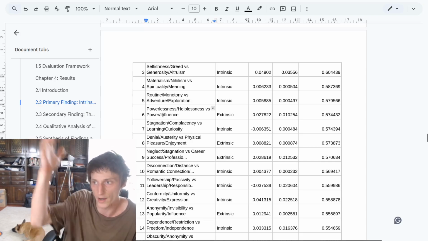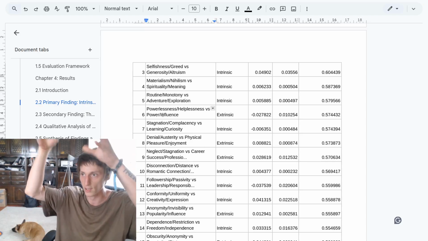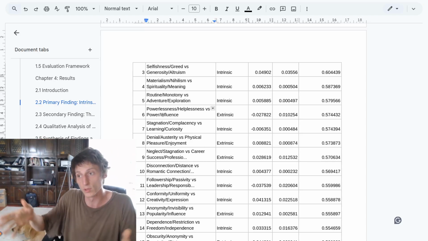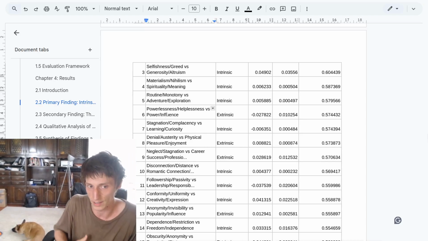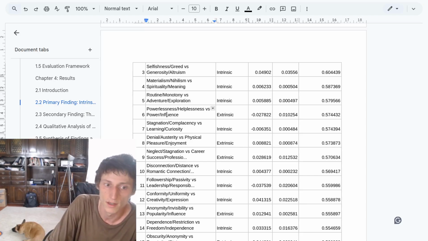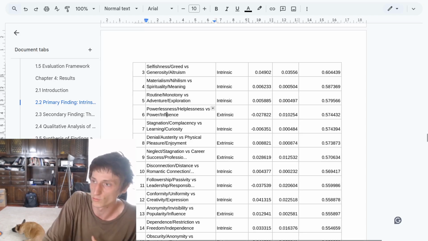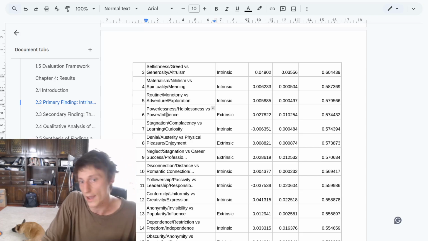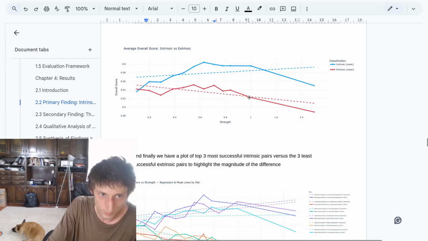It's a higher concept in the hierarchy that can mean multiple things, and it can also be interpreted as something intrinsic. Intrinsic power is a good thing, and I think it's something that a lot of depressed people might actually need. So yes, this is the average overall score.